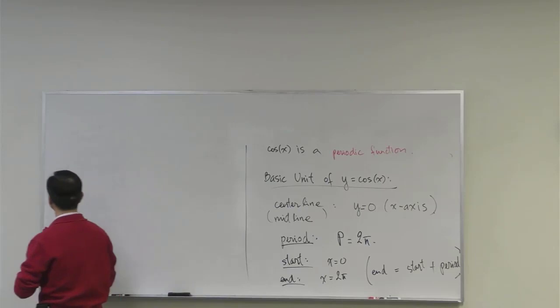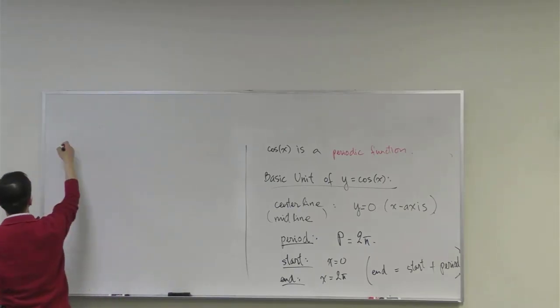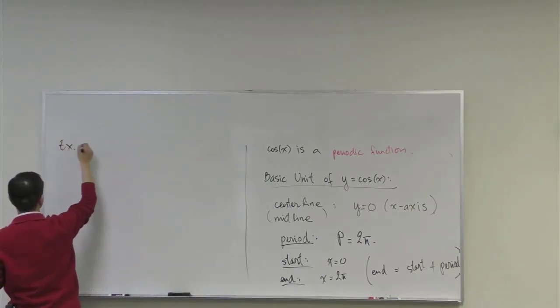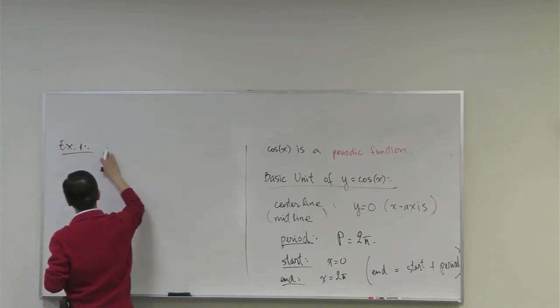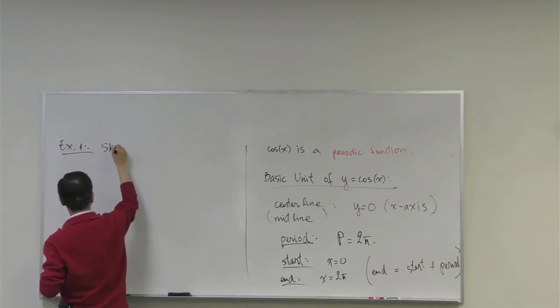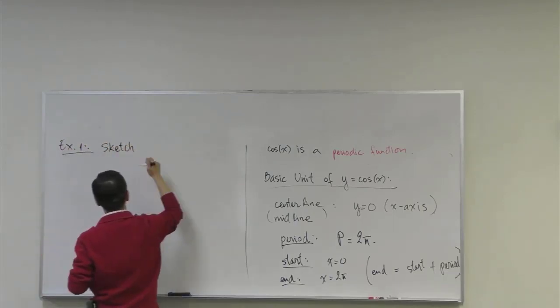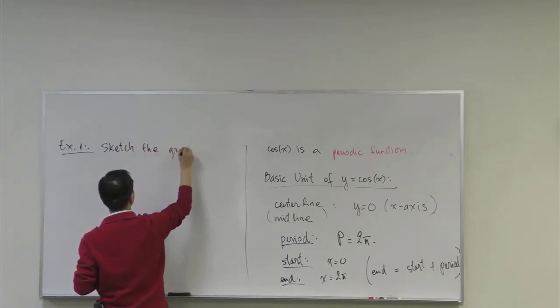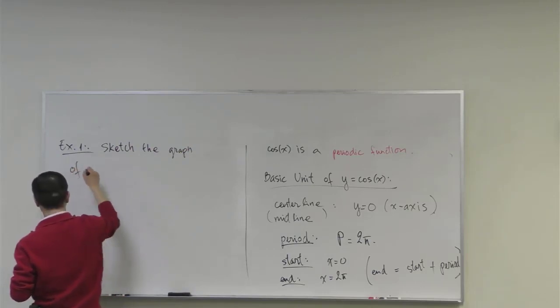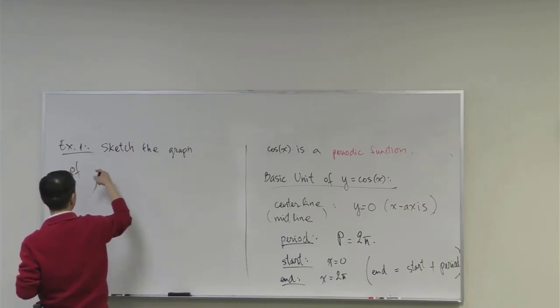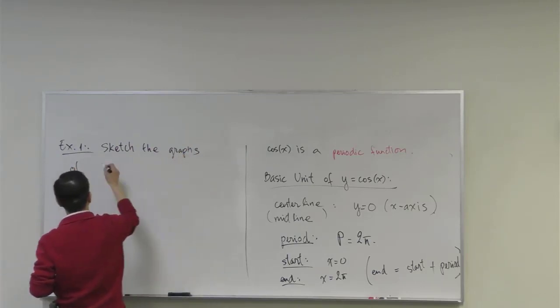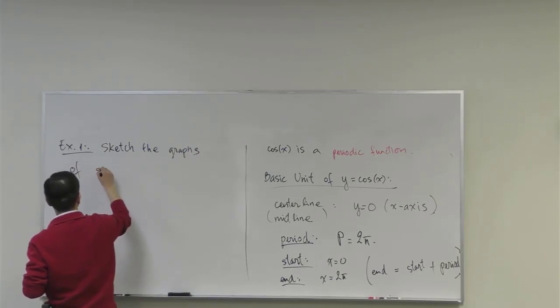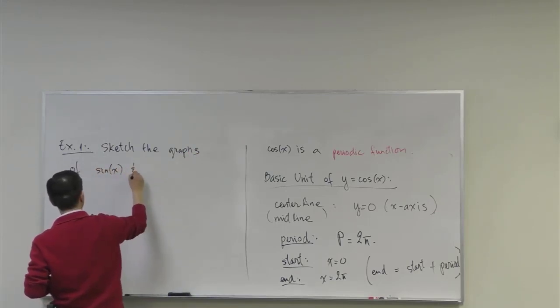So, now after we've learned 2 lectures back to back, we're starting our first example. Let's say I want you guys to sketch the graph. Two separate sketches actually. Okay, sketch the graphs of sine of x and cosine of x.